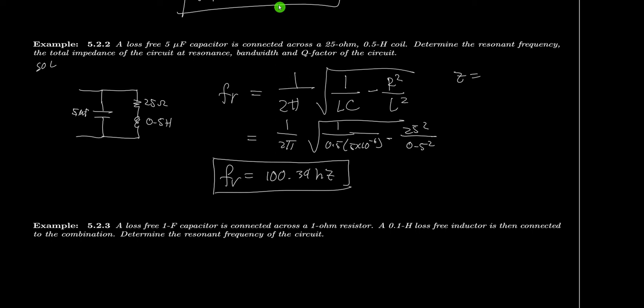The formula will be just equal to the inductance divided by, so this is just L all over R times C, where L is equal to 0.5, and we have R that is equal to 25 multiplied by the capacitance, 5 times 10 to the negative 6. So the total impedance will be just equal to 4,000 ohms.